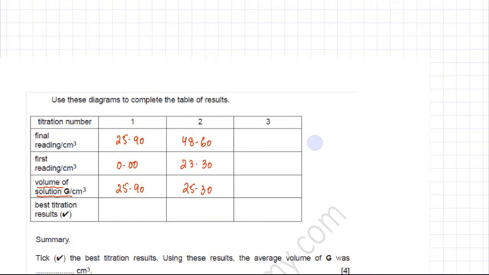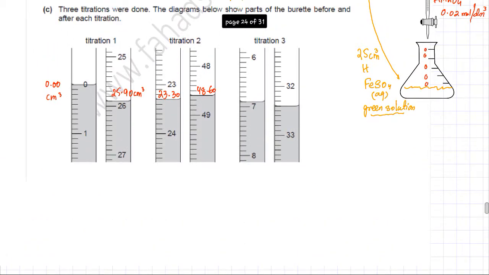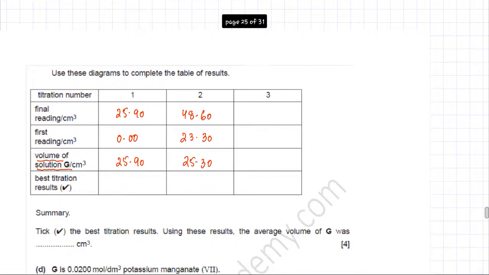25.30 cm³. And similarly, let's note down the values for the third titration. The initial burette reading is 6.90 cm³, and the final burette reading is 32.40 cm³. I'm going to add these values to the table as well.